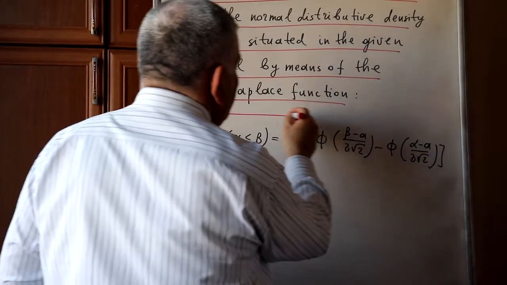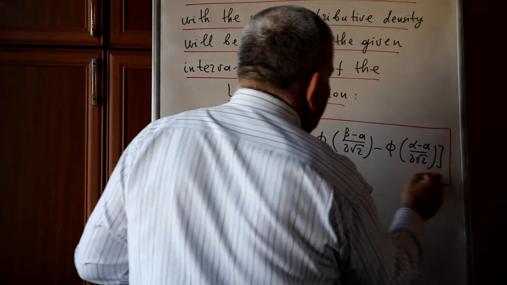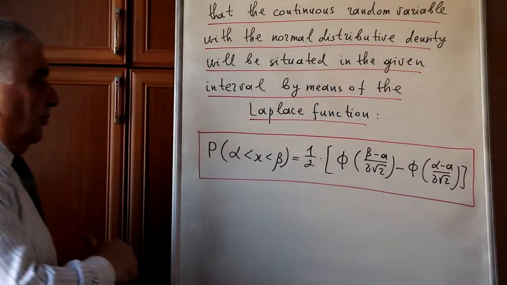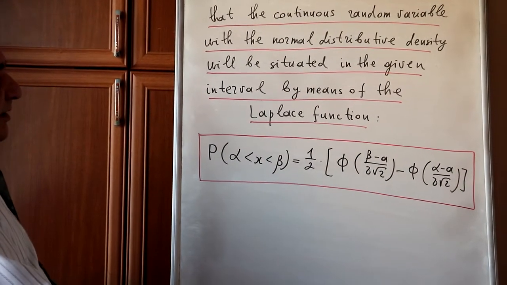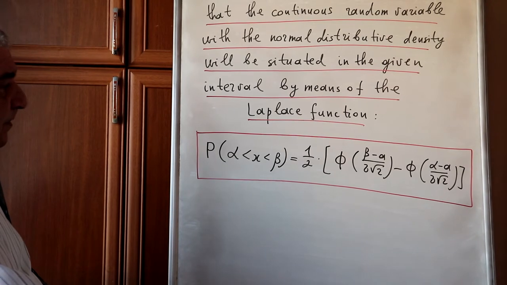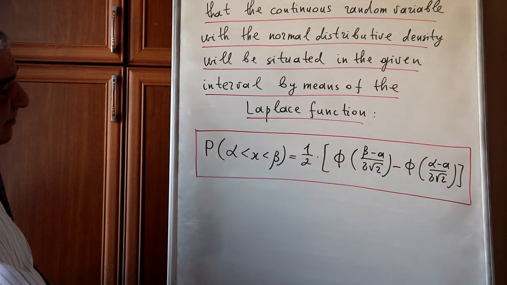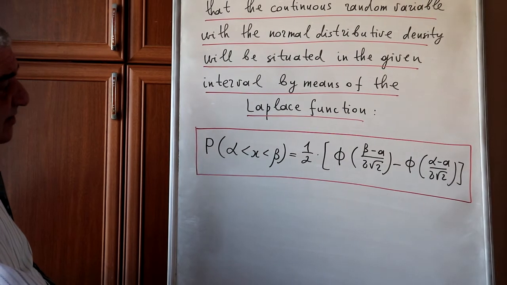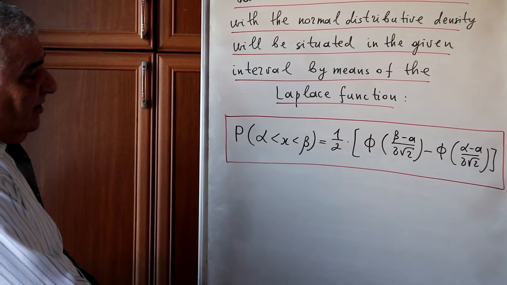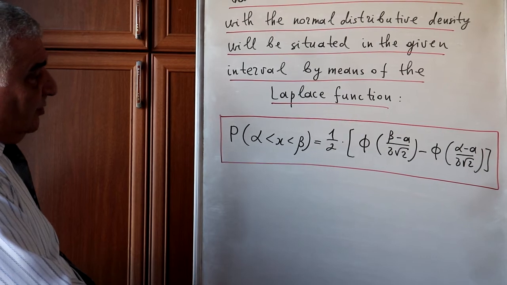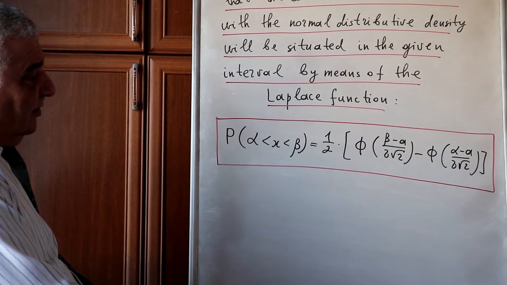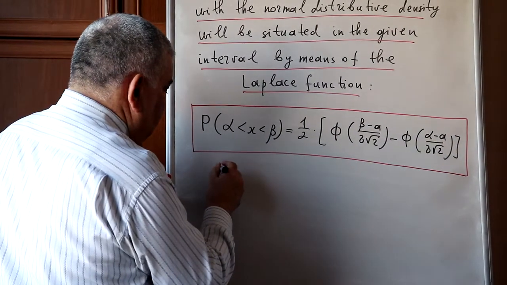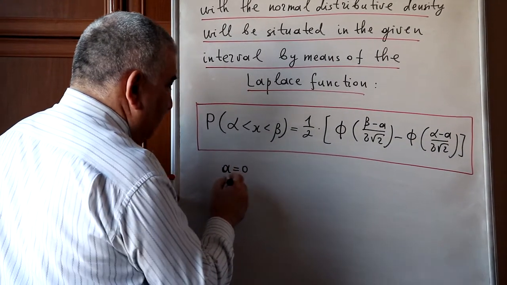Already you know this formula, and suppose that a is 0 and sigma is equal to 1.